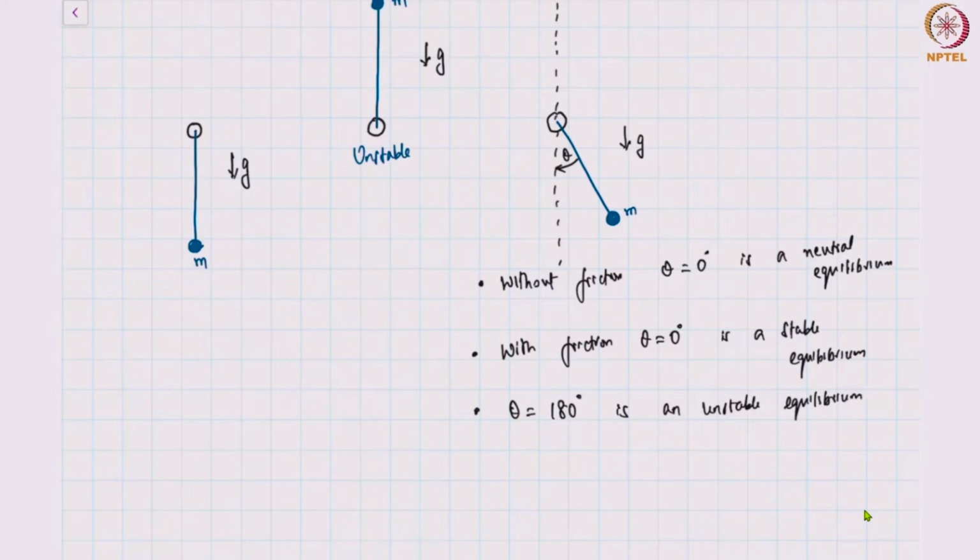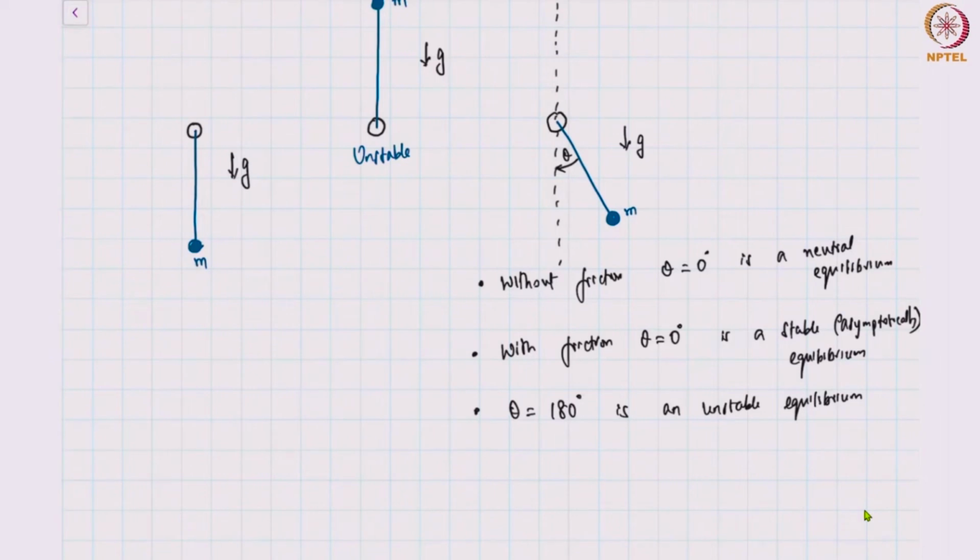So I've introduced three words here: neutral equilibrium, stable equilibrium, or unstable equilibrium. Stable, to be more precise, this is asymptotically stable equilibrium. Now let's look at a mechanical system.